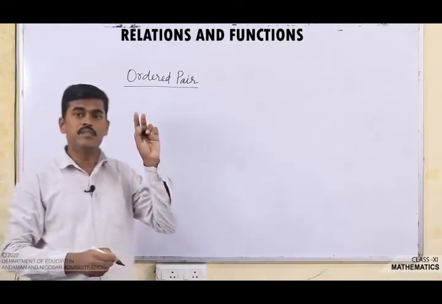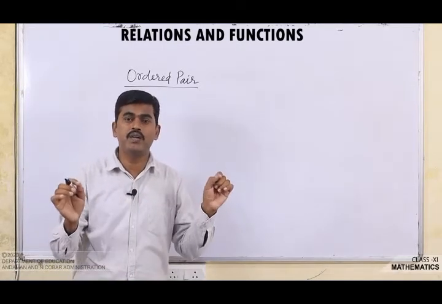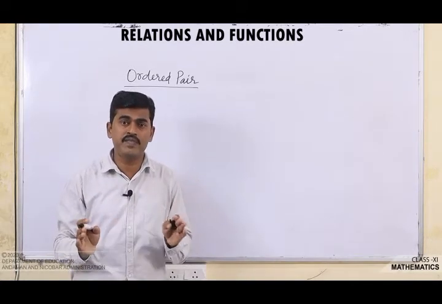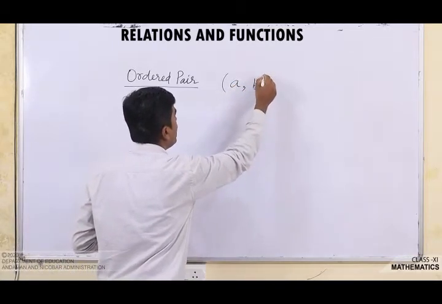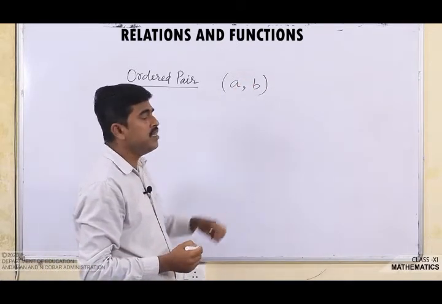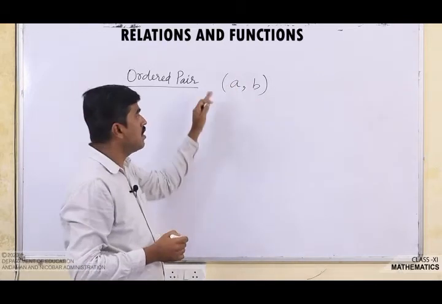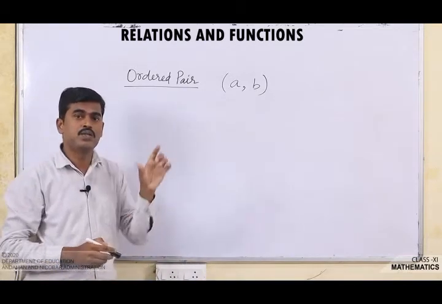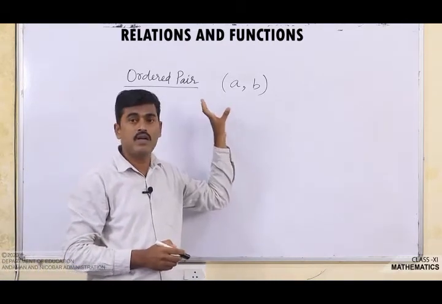Ordered pair means two numbers taken together in a particular order, in a specific order, in the form A comma B. Here A and B are two numbers, two elements, two objects, separated by a comma and enclosed within the parenthesis, that is the round bracket. So an ordered pair is two numbers taken together in a particular order.